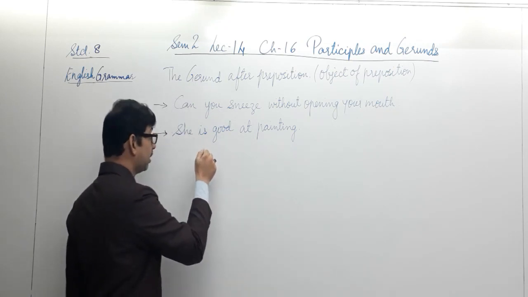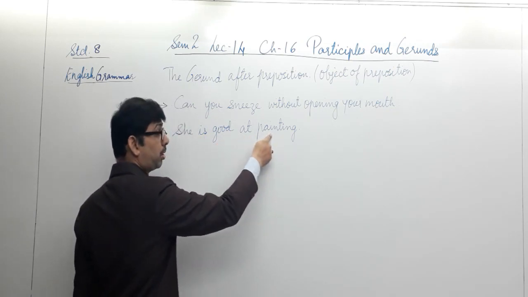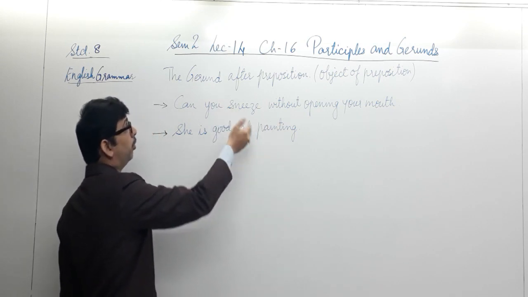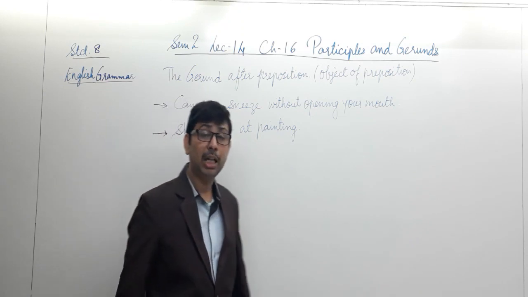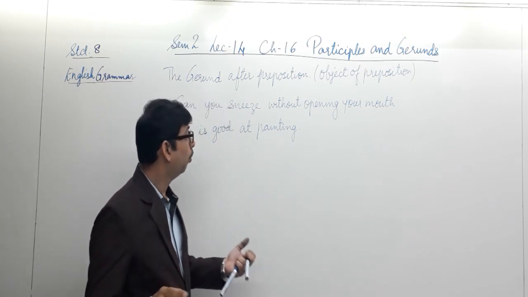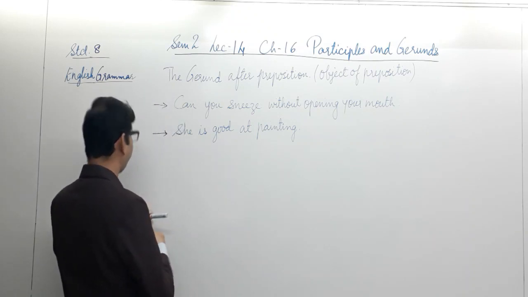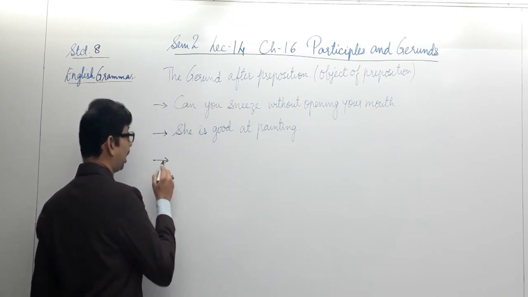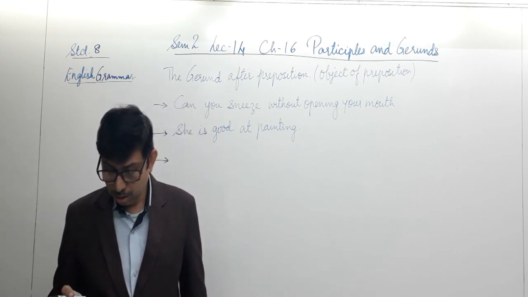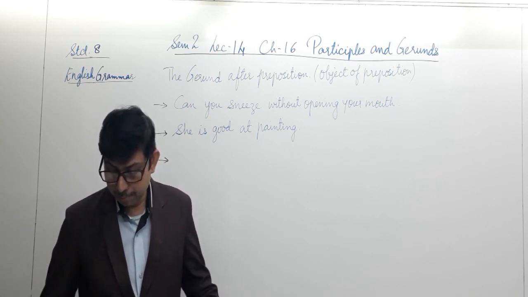But in this sentence, she is good at painting, the word painting has been used after the preposition at. Hence, we will be considering this as a gerund and not as a present participle form of the verb as it appears to us. All these are examples of gerunds used after preposition, object of a preposition. Another example, she avoided him.